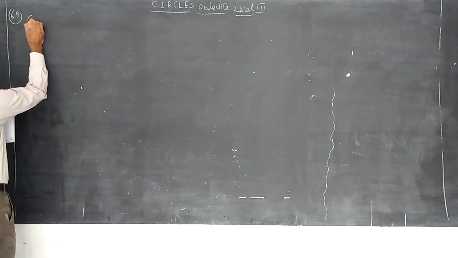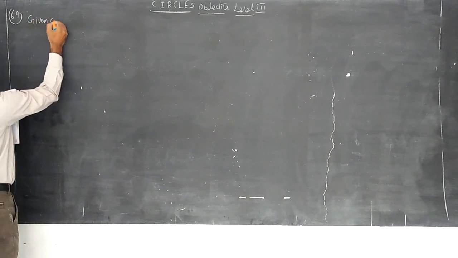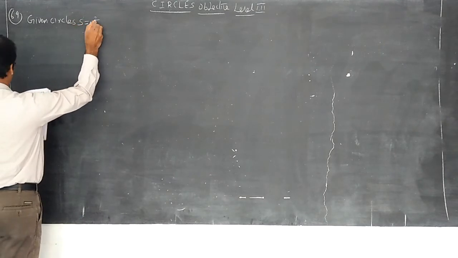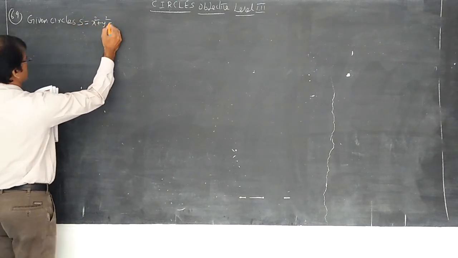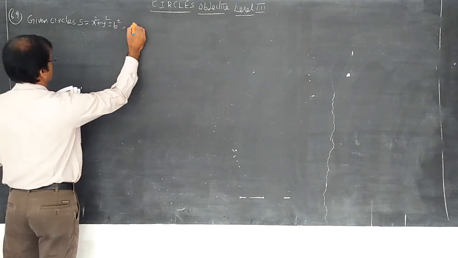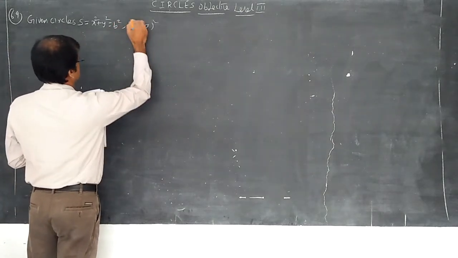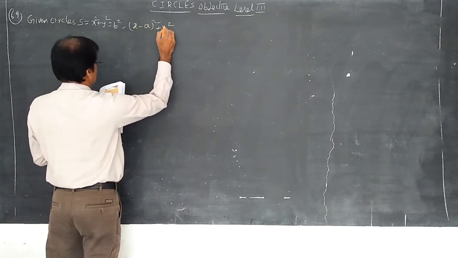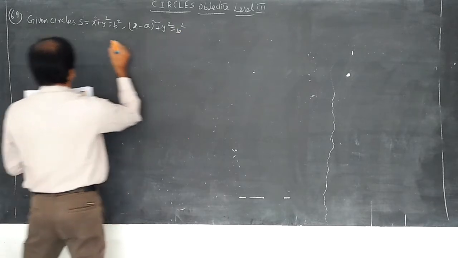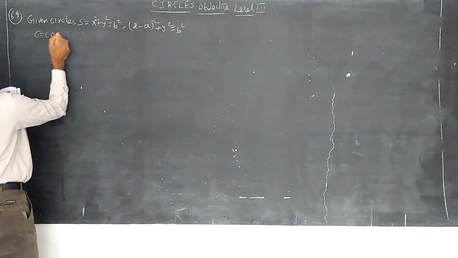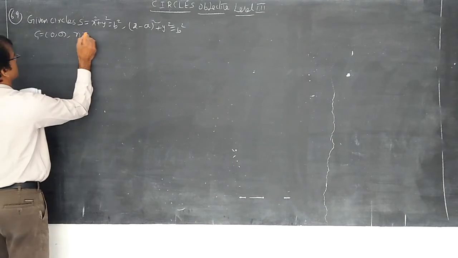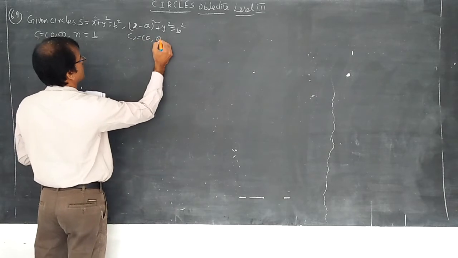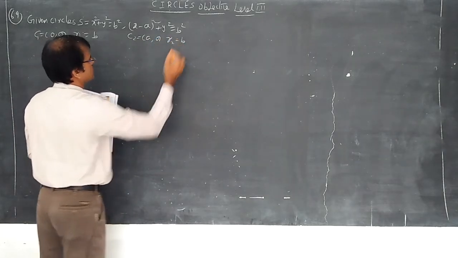Given circles: x square plus y square is equal to b square, and x minus a whole square plus y square is equal to b square. Here center C1 is 0 comma 0, radius R1 equal to b. C2 is a comma 0, R2 equal to b.